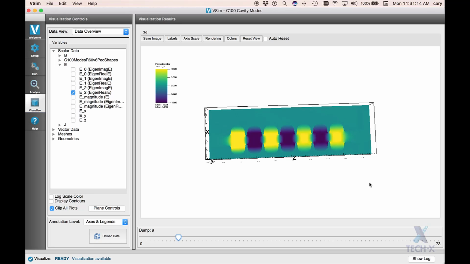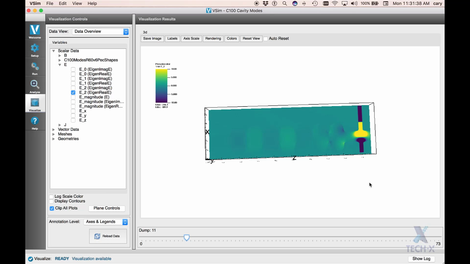What about those last 2 modes? Well, dump 10 is a mode out in the waveguide with a single node. This would go away if we had open boundary conditions. And dump 11 is a mode also out in that waveguide that has 2 nodes.